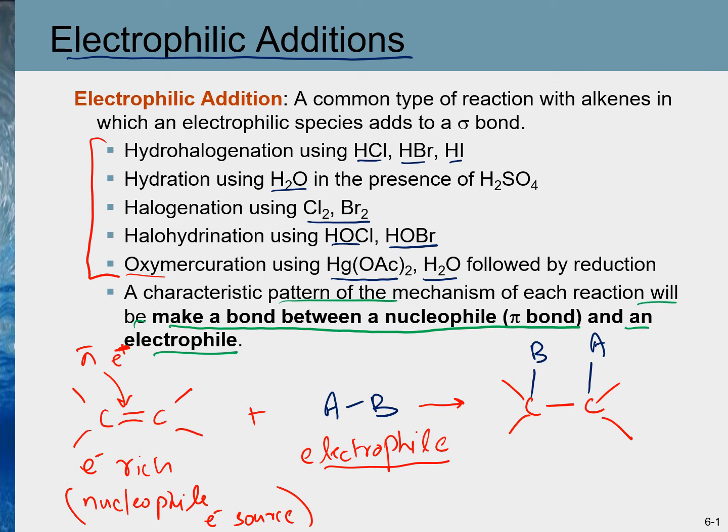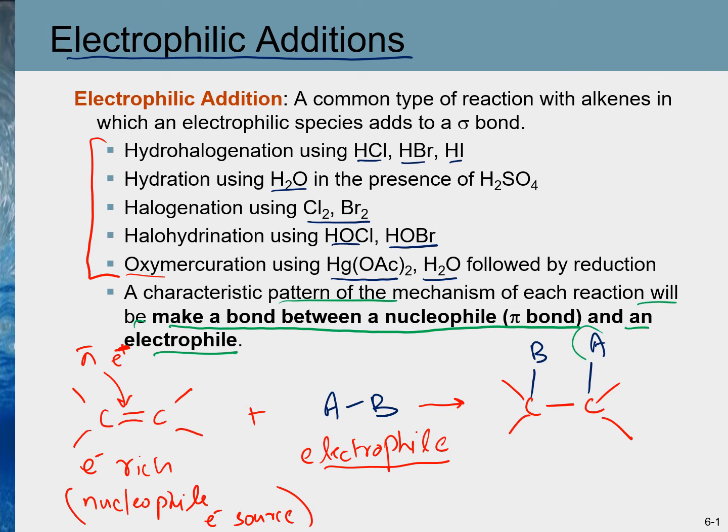In the next sections, we will investigate each of these reactions in detail. We will see what products are obtained when these electrophiles are added to any alkene. We will also understand and learn the mechanism of each of these reactions, and we will also see if there is a characteristic pattern of addition, or in other words, is this addition random?